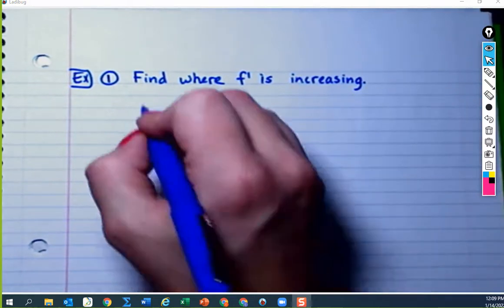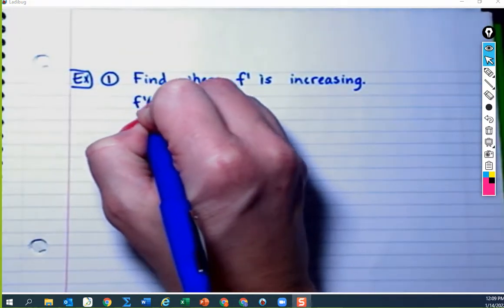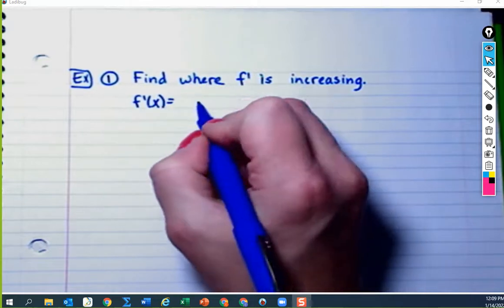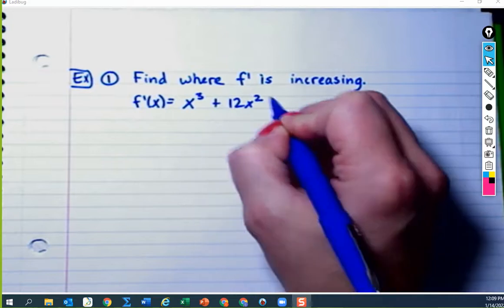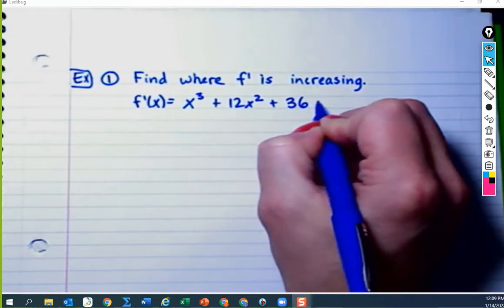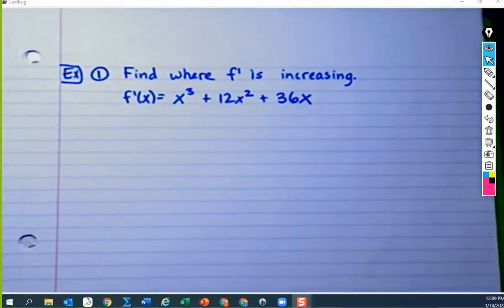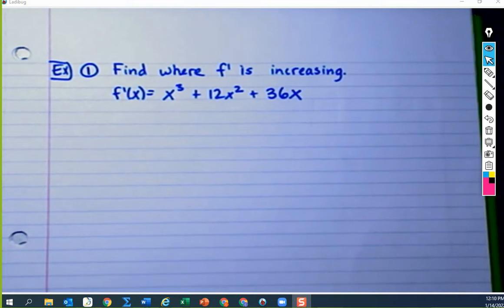That's the question. And I'm going to tell you that f prime equals x cubed plus 12x squared plus 36x. Now, in order to answer the question, what sentence do I write?